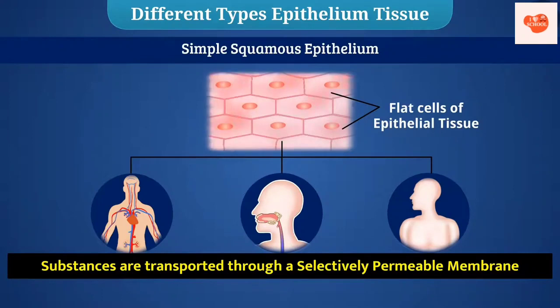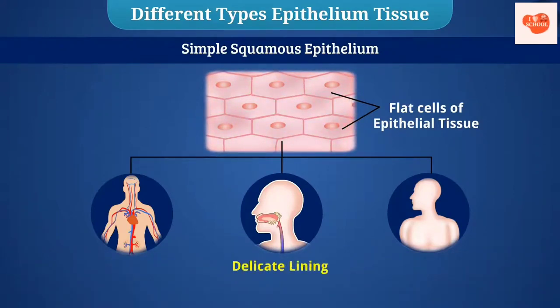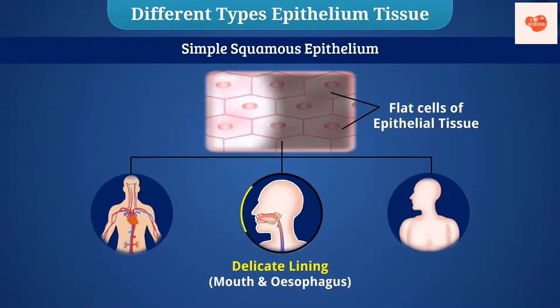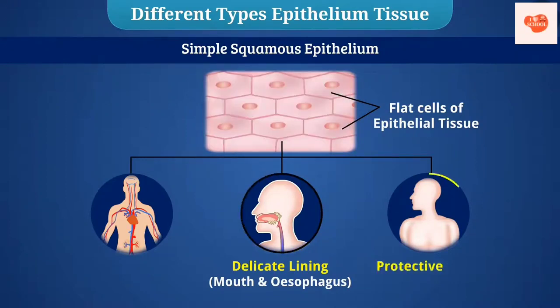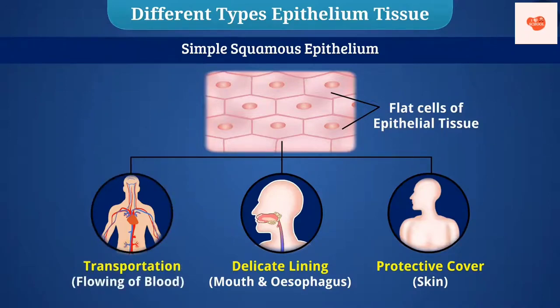It is very flat and delicate, that's why it forms a delicate lining. Lining of the mouth and esophagus is covered with simple squamous epithelium, and the body's protective cover, the skin, is made up of simple squamous epithelium. This epithelium performs transportation of specific substances.